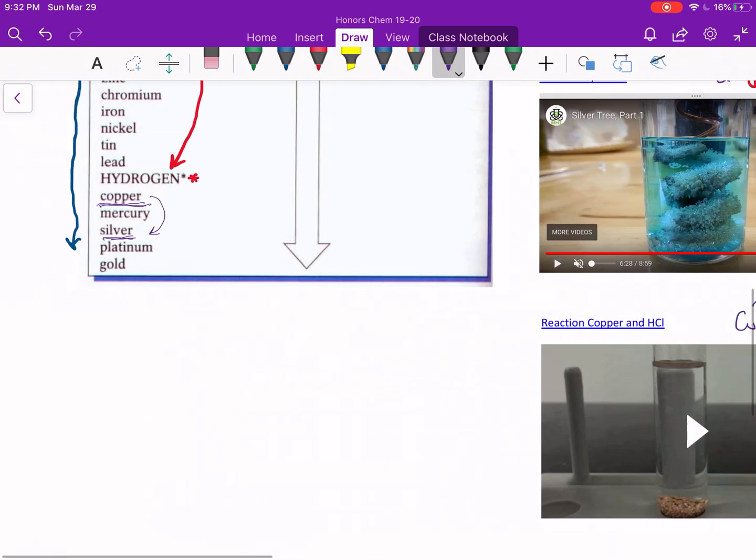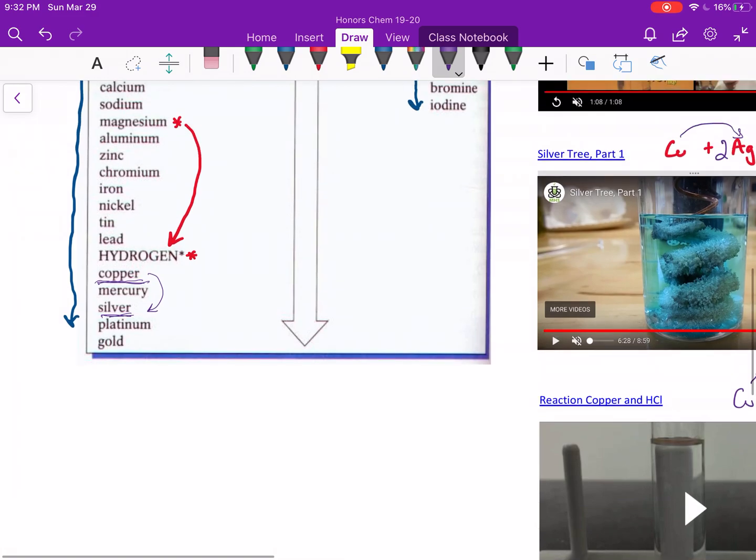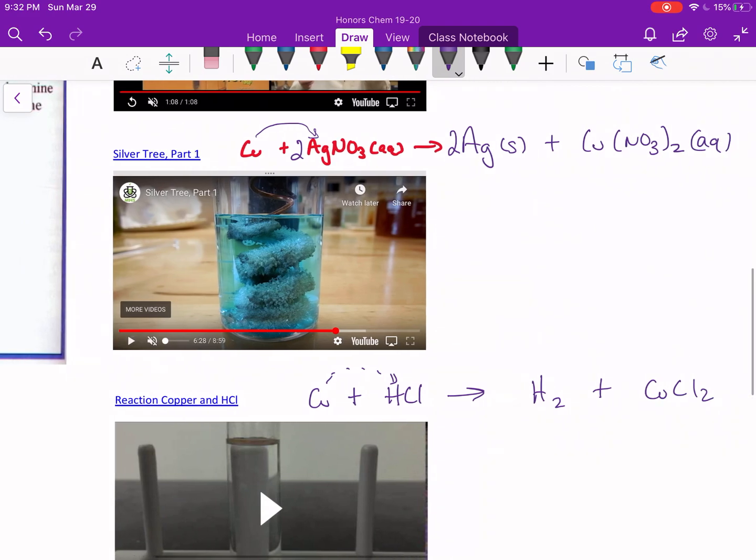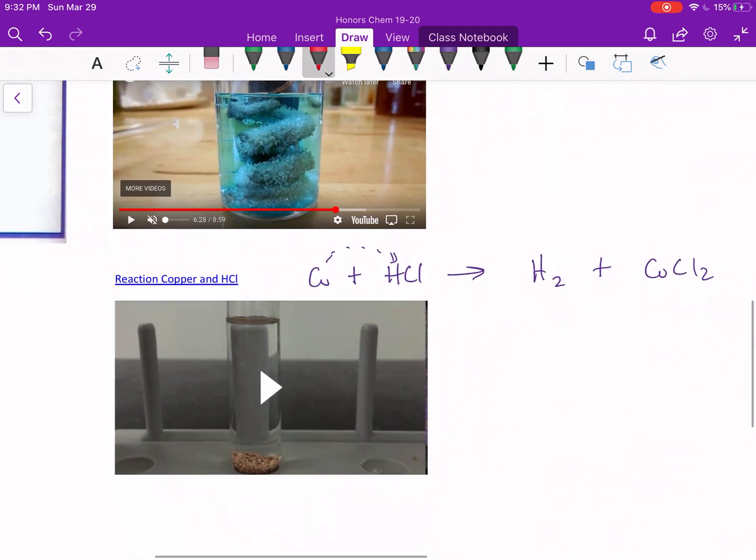But if we come back over here, we actually see that copper is below hydrogen, right? And so hydrogen's more active, and copper is going to try to do that, but that's not going to happen because copper is less active. It doesn't have the ability to force its electrons. And so what we would predict is that this reaction doesn't happen.